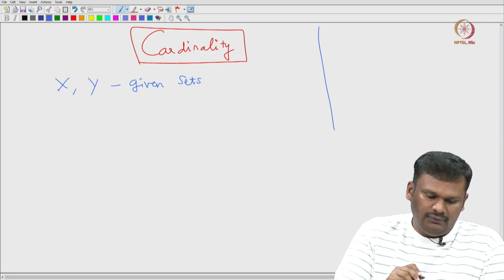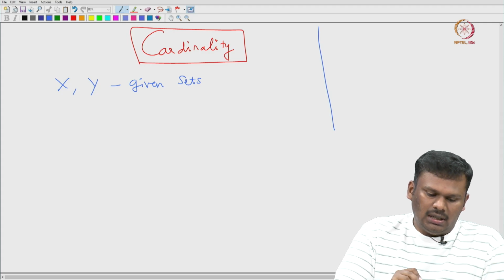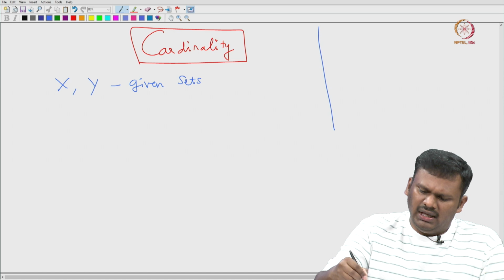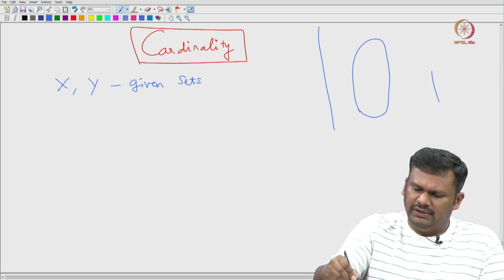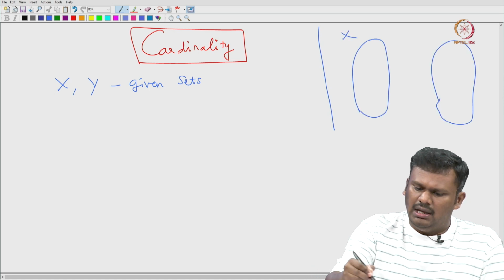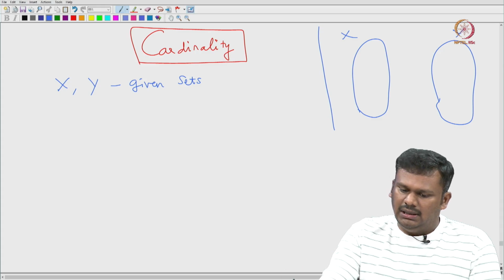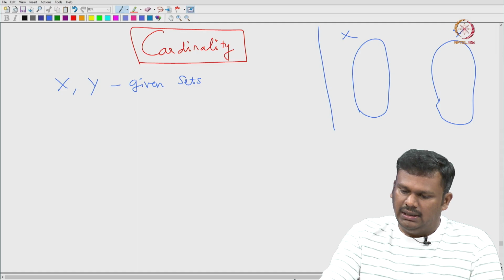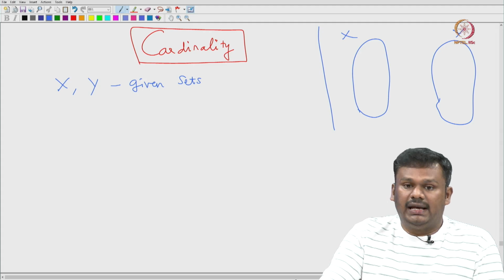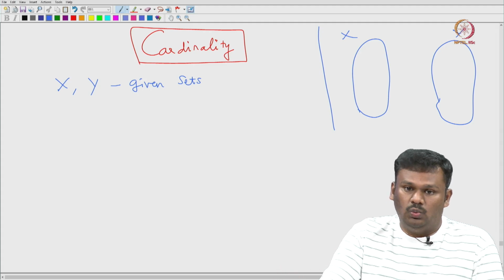So, how are we going to compare x and y? We have this x here and this y here, and we want to compare the elements in x with the elements in y. That means I would like to say the number of elements in x is the same as the number of elements in y.